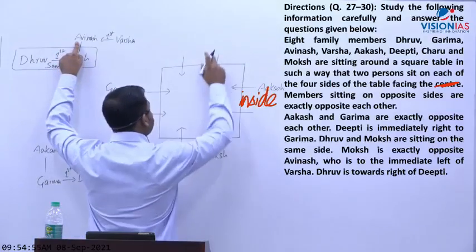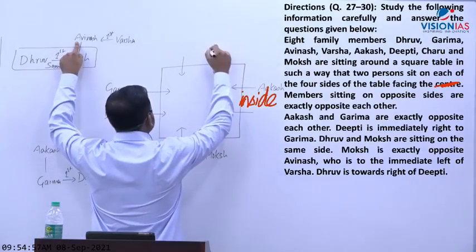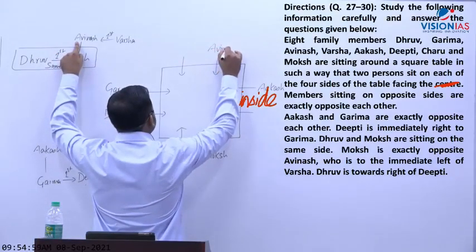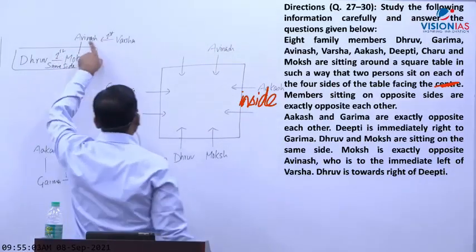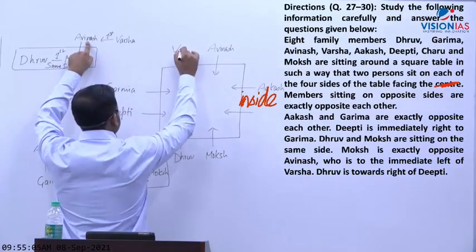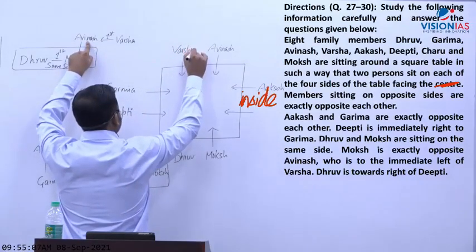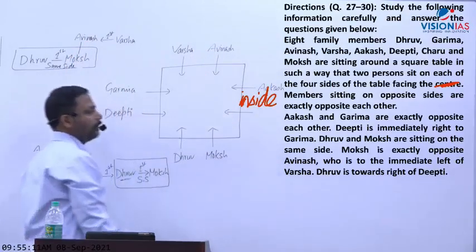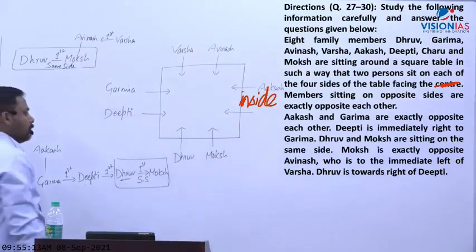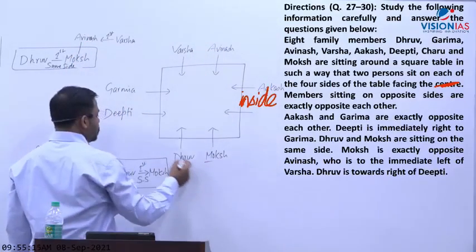Avinash is exactly opposite to Moksh. And on the left hand side of Varsha, Avinash should be there. So we will put Varsha over here. So 7 persons are already placed.